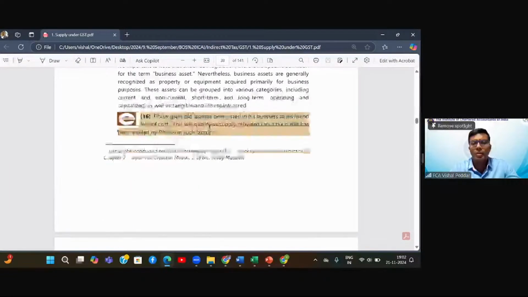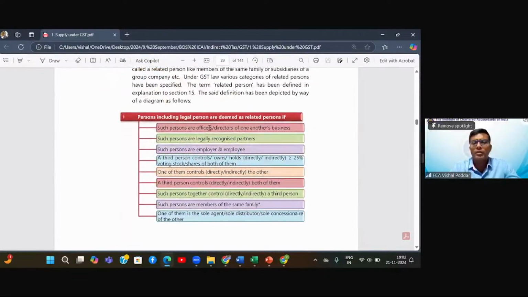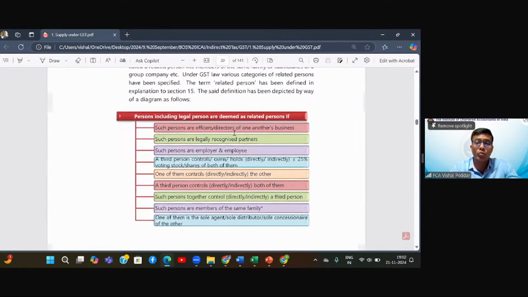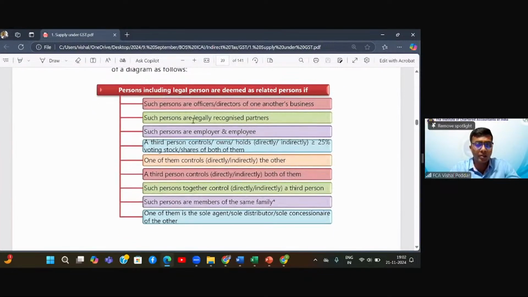Again they have given description. So there are multiple examples given. This is the definition of related persons. Who all are considered as related? Directors, officers of one another's business, partners, employer employee, person जिसके पास आपके बिजनेस में 25% से ज्यादा का होल्डिंग है.